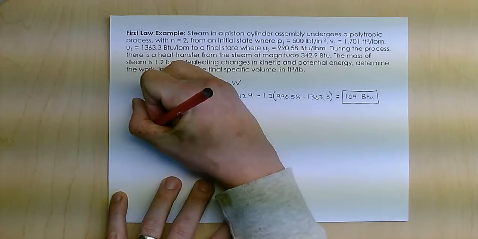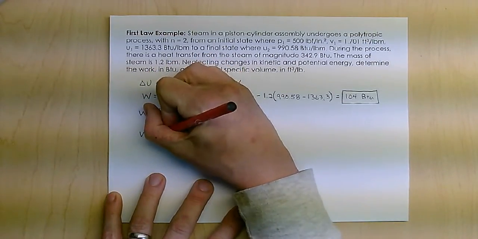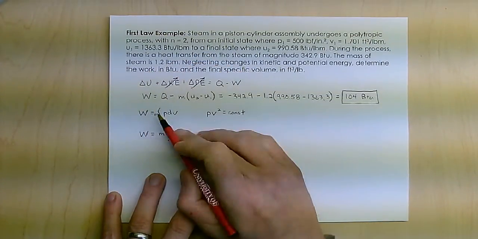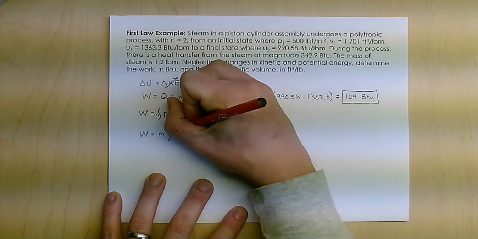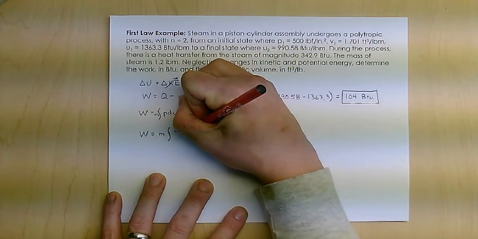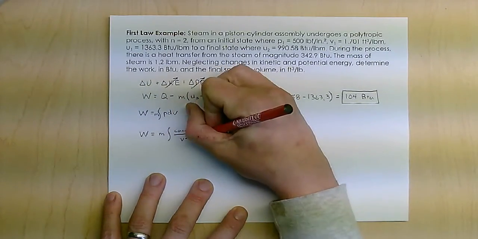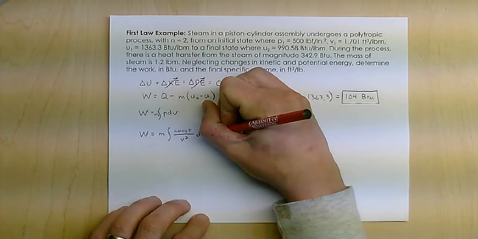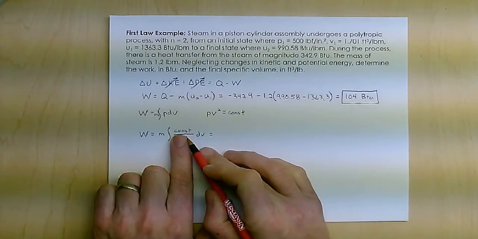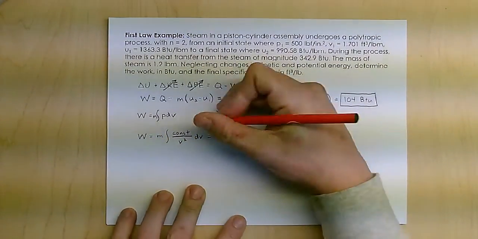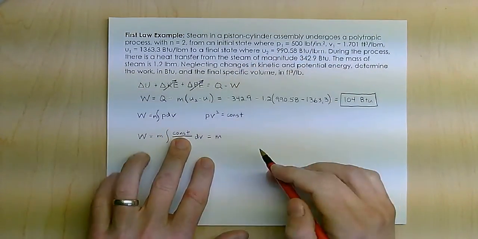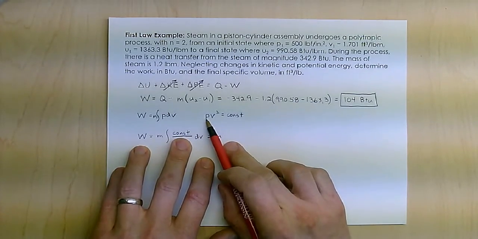So my work here is going to be M times the integral. Instead of P, I'm going to use my constant divided by V squared dV. Again, I can pull my constant outside of the integral. So I take M times that constant, and the constant is any state.